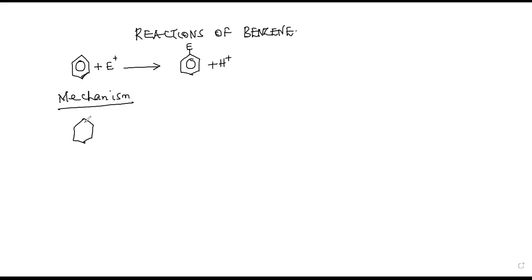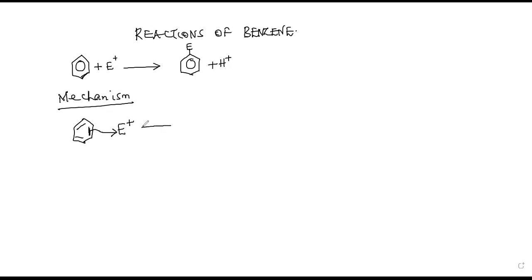For simple terms, or for easy accountability, when you're doing this mechanism, let's use the bonds, the benzene ring with bonds. Then you bring your electrophile. Now, this bond supplies electrons, so it will give electrons to the electrophile.